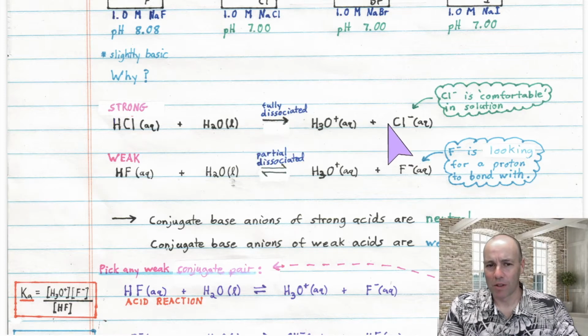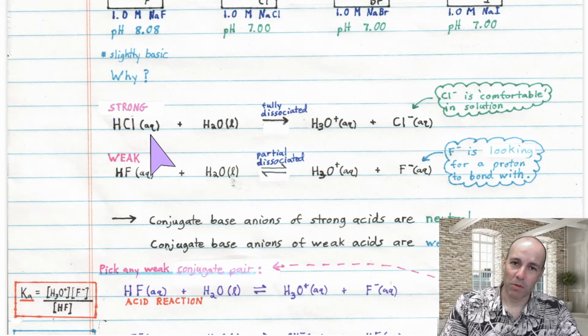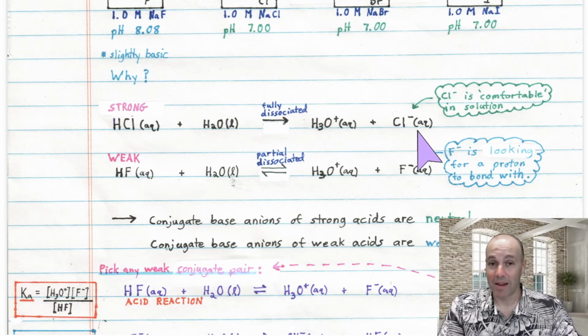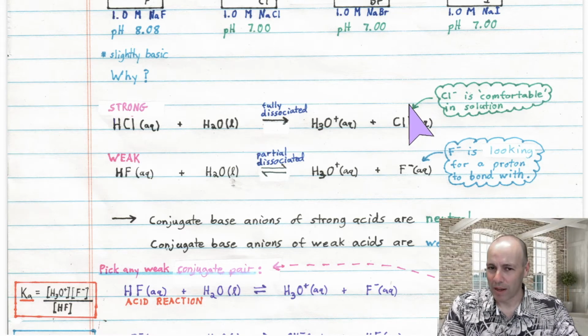This reaction goes in one direction. You will not see the product ions combining back together to reform the reactant. It doesn't go in the other direction. So once this dissociates, the product ions stay that way. So I like to think of this chloride as being comfortable in solution. It's not looking to do anything, it's good.